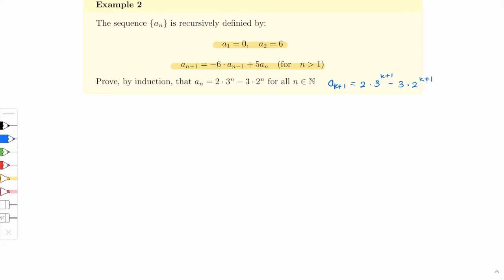Okay, you'll see that you need to prove this, but by definition of a_(k+1), you'll see that a_(k+1) equals negative 6 times a_(k-1) plus 5 times a_k. When you use this definition, you actually need information of a_k and a_(k-1). Normal induction only gives you what your a_k is, but strong induction can give you what your a_(k-1) is as well. That's why you need strong induction. So let's try this question first.